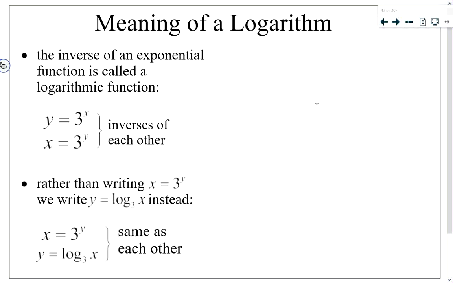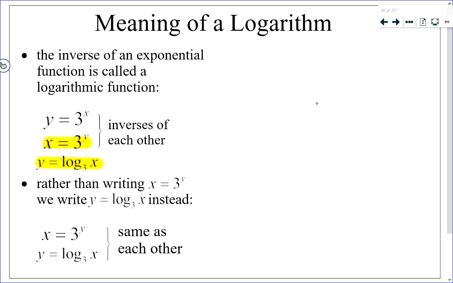You ought to be able to convert back and forth between an exponential expression like x equals 3 to the y and a logarithmic expression like y equals log base 3 of x. They're the same as each other. What that means is that x equals 3 to the y, which is the inverse of y equals 3 to the x, is the same as y equals log base 3 of x.